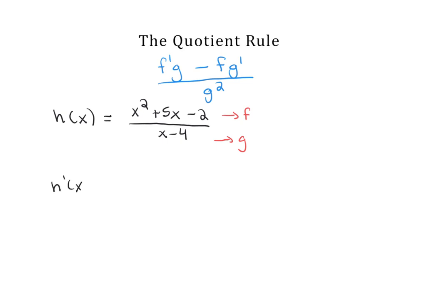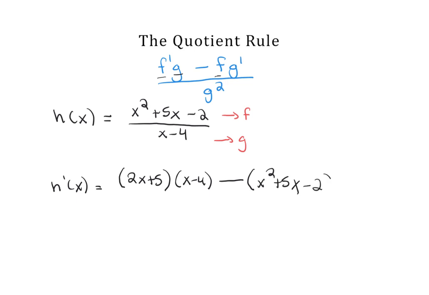So to find the derivative of h, we're going to start with the derivative of the top. So the derivative of the top, I'm going to use parentheses, is 2x plus 5, and then times the regular second, so times the bottom, x minus 4, and then subtract in the quotient rule, and then it's the original f, so the top function, x squared plus 5x minus 2, times the derivative of the second.